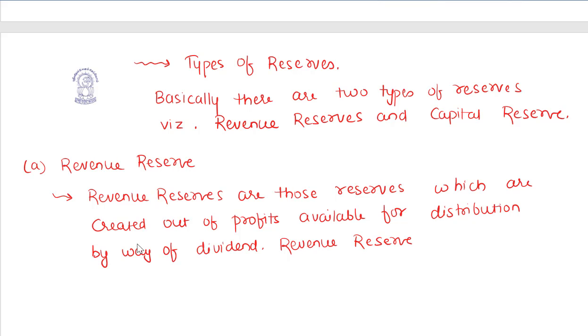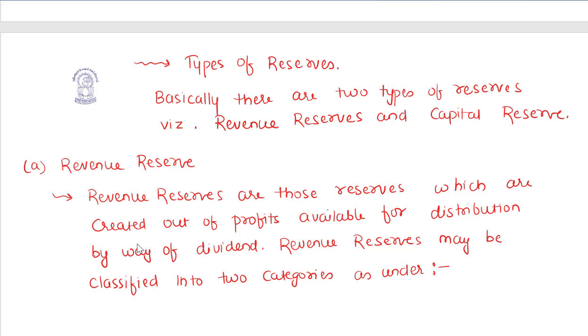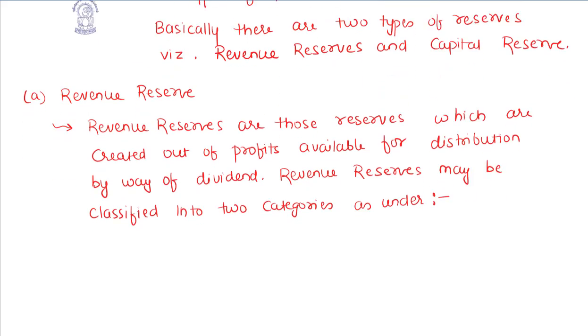Revenue reserves may be classified into two categories as under.